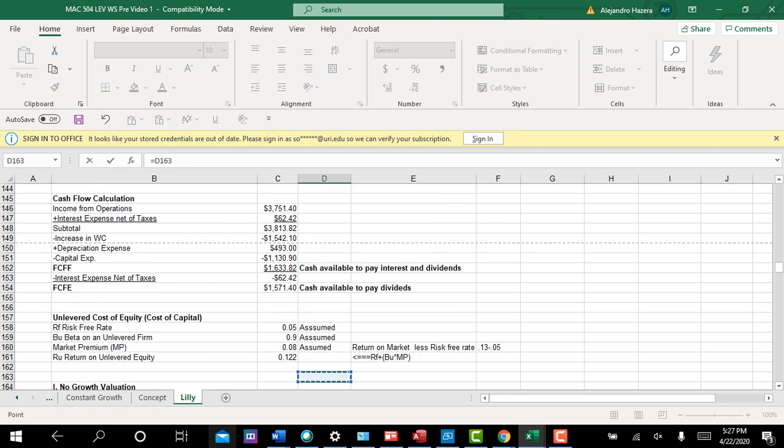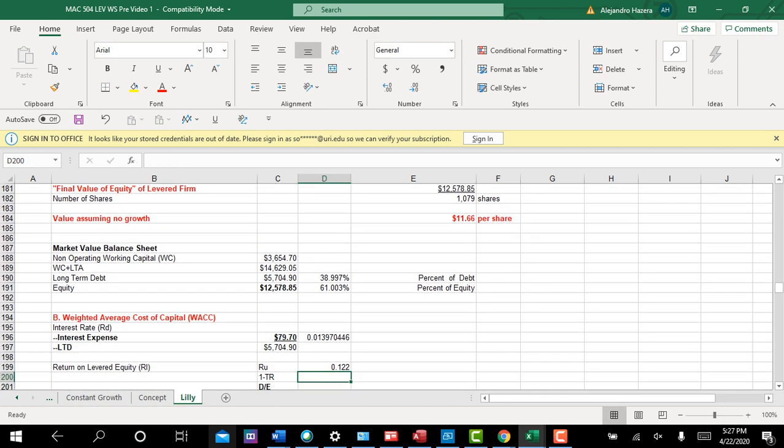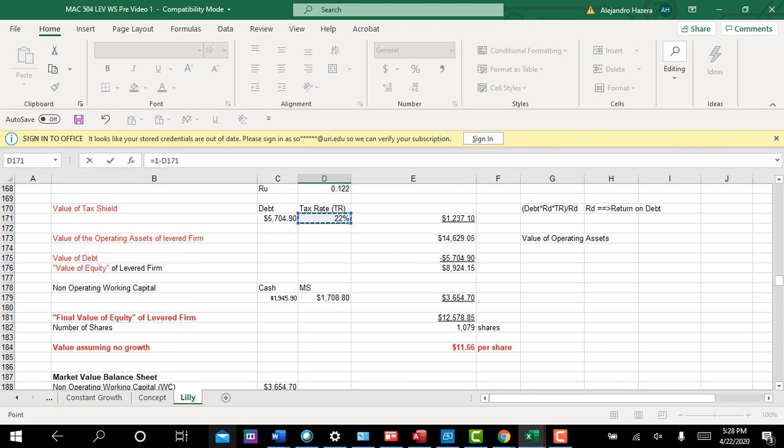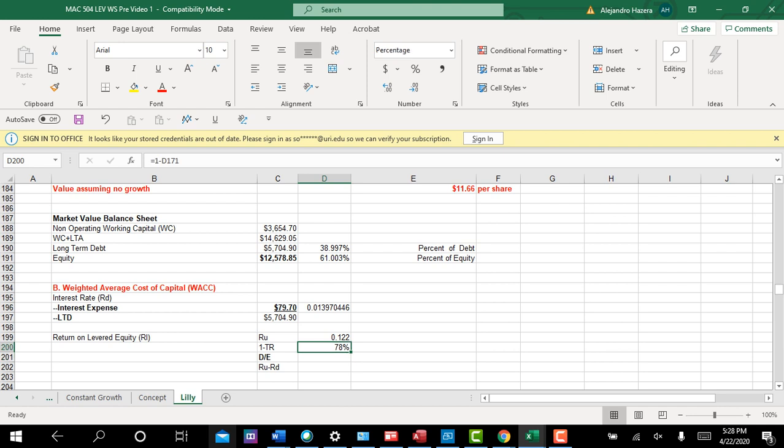It is right there, and that's 12.2%. Then 1 minus the tax rate: the tax rate is right there. 1 minus the tax rate is 78%. And you'll be able to see the formulas.